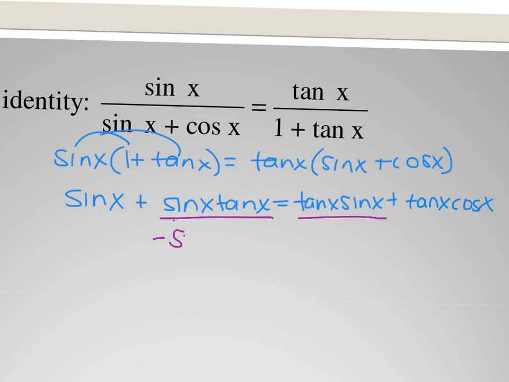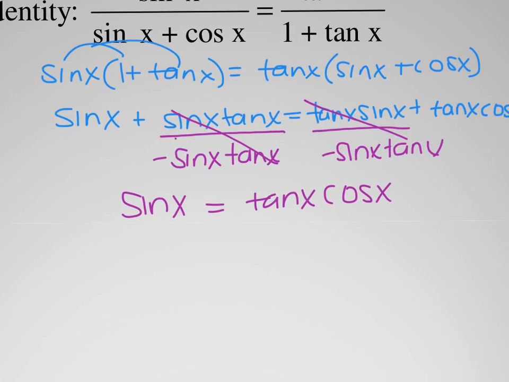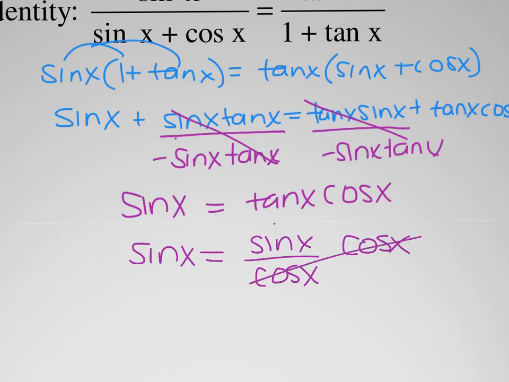So I can actually subtract, and these cancel, and I get sine of x equals tangent of x times cosine of x. And then tangent becomes sine over cosine times cosine. Those cancel, and I get sine of x equals sine of x.